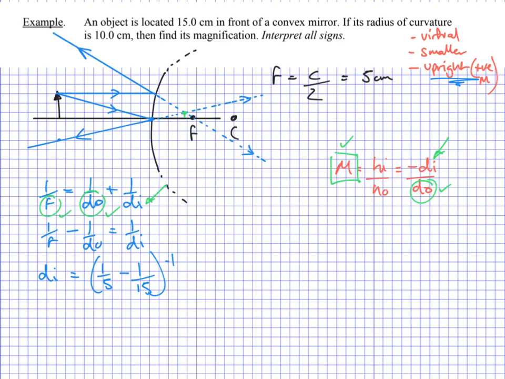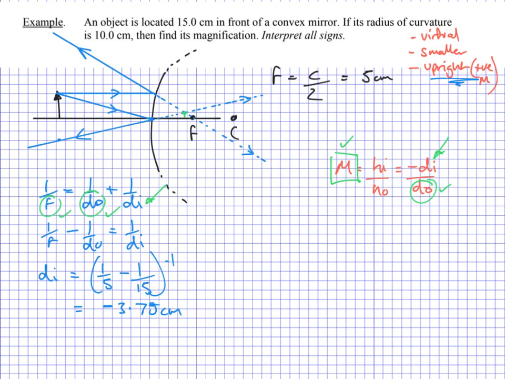And that gives me a value. I can put that into my calculator. I'm going to get a value of negative 3.75 centimeters.